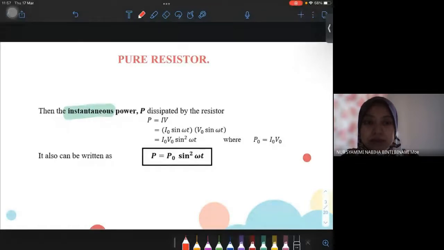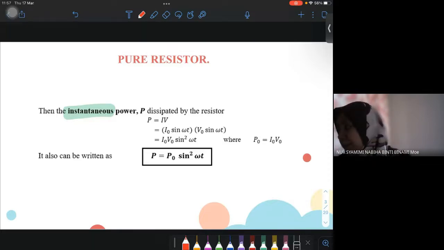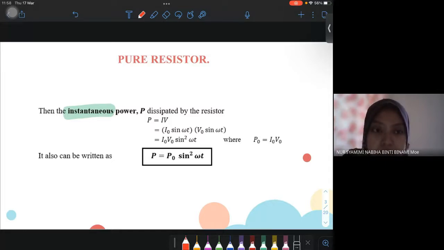Apakah maksud instantaneous? Sebab sebelum ni kita ada belajar instantaneous velocity, instantaneous acceleration. Hari ni kita nak belajar instantaneous power. So what is instantaneous power? Anyone?